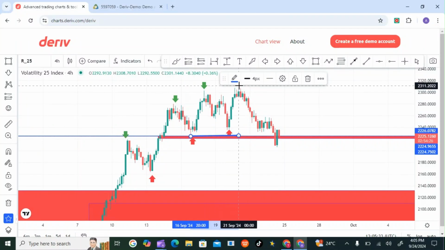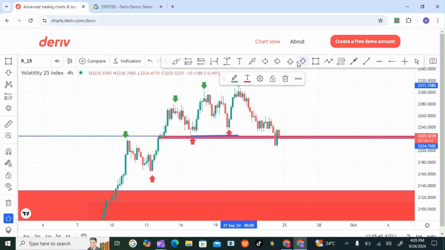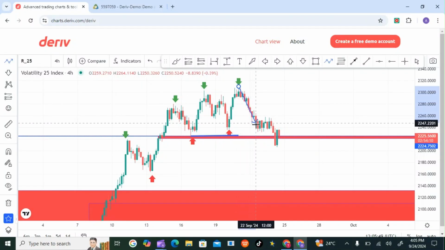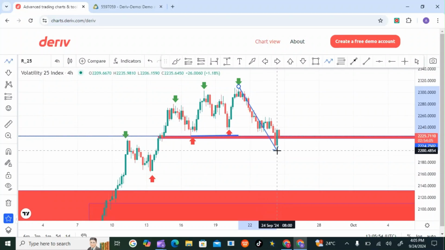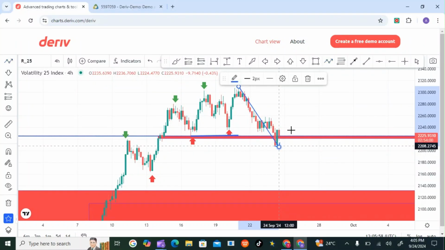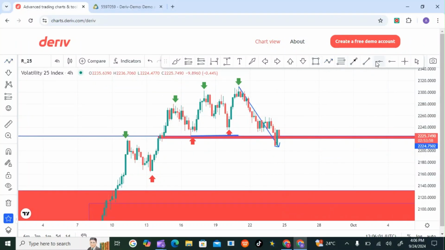So it moved up again, creating a higher high, creating another higher high, that one, and then it came down. After creating that higher high, it came down, made some consolidation, and now has crossed that. It has broken that structure of the uptrend, creating higher highs and higher lows.